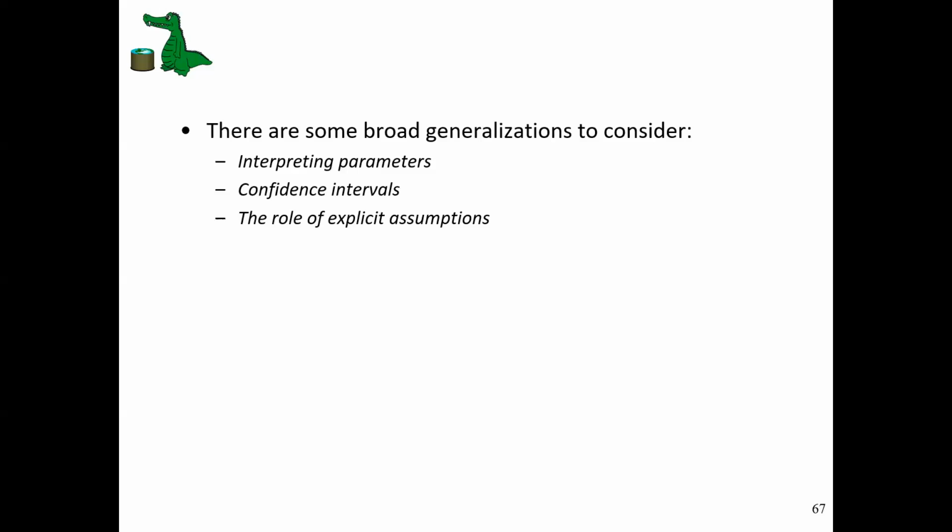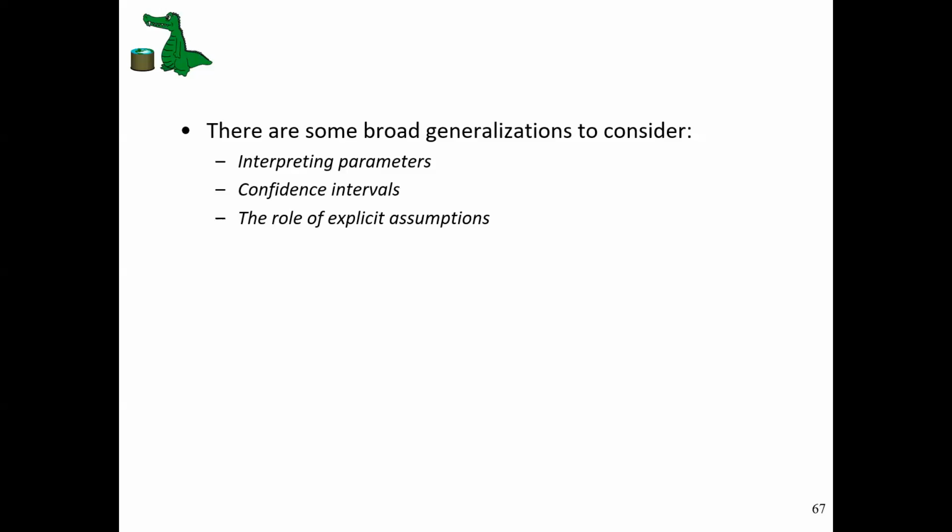And also the data scientist must consider the role of explicit assumptions. Statistical models make some explicit assumptions, and this assumption is made about the data generation process and distribution. Non-parametric solutions, like we will see, don't have any assumptions about probability distribution, or such a probability distribution may be implicit.